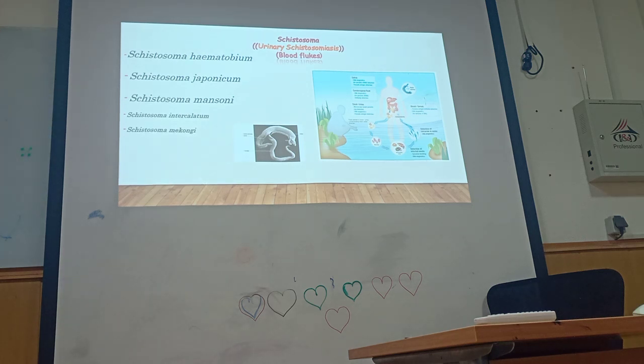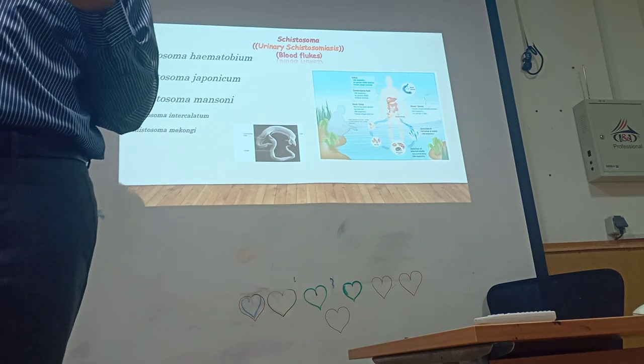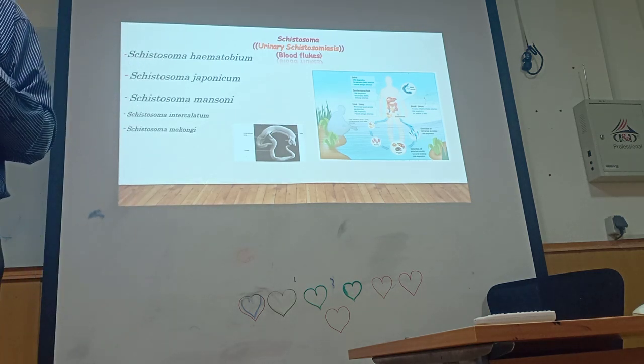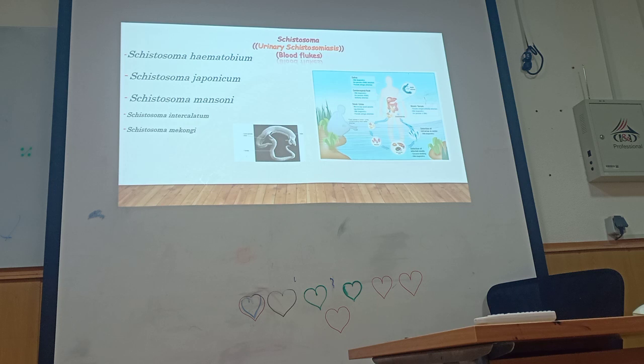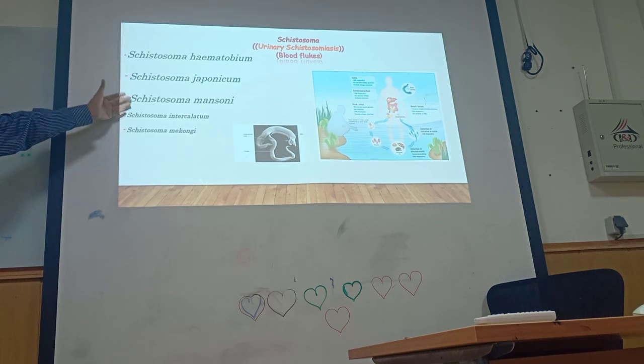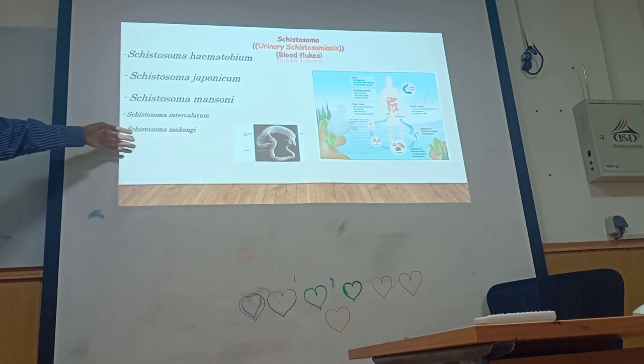When they become gravid, they go out to the normal site of the worm, depending on the species of the parasite, and lay eggs, and everything starts when they are over there laying eggs. So Schistosoma haematobium, Schistosoma japonicum, Schistosoma mansoni, Schistosoma intercalatum, and Schistosoma mekongi.